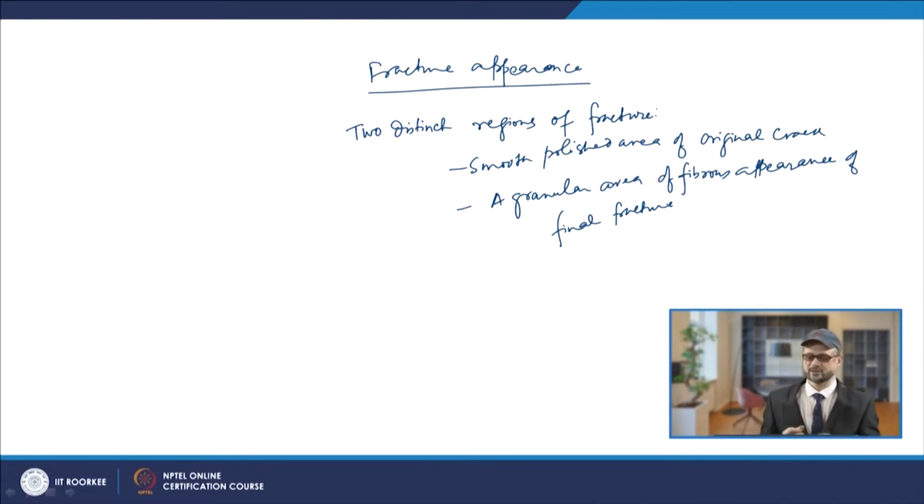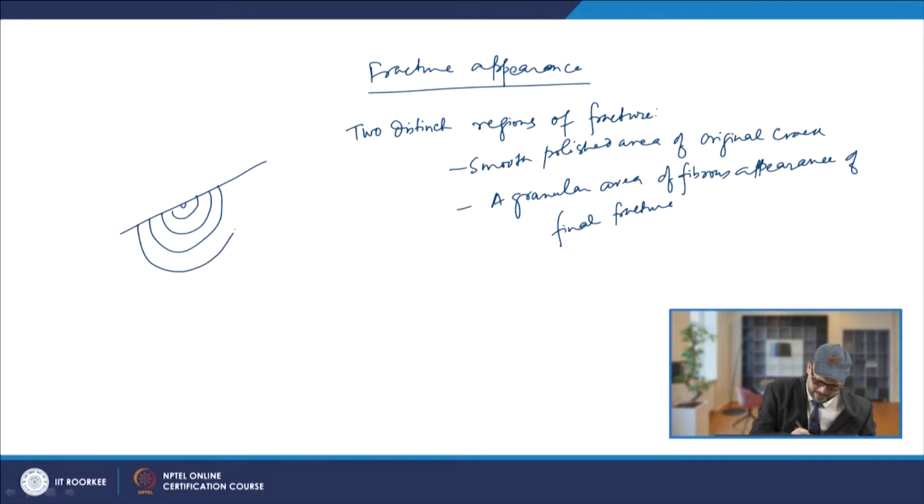If you try to visualize how the fatigue fracture looks, if you see the fractured surface, it has originated from here and then it moves like this. This way you will have a type of concentric lines.